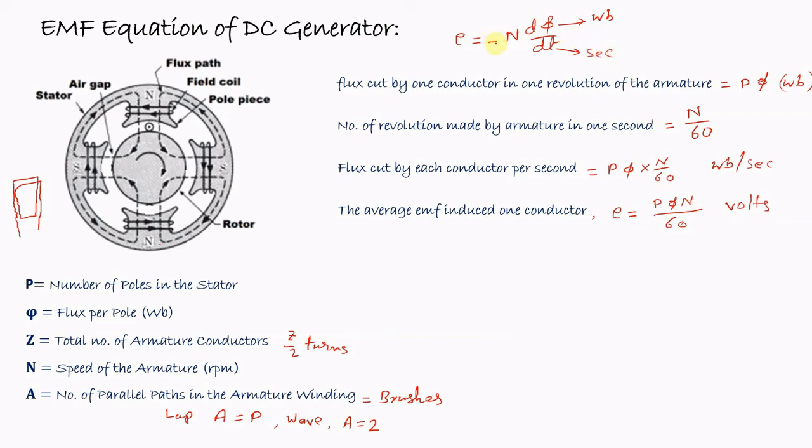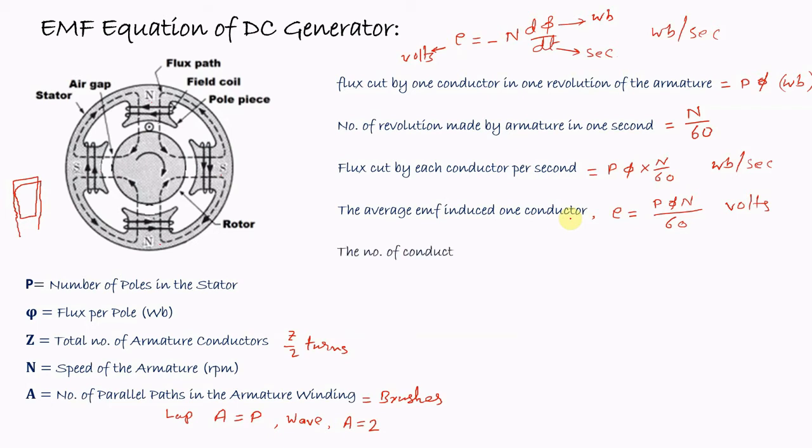So this parameter is basically Weber per second, whereas it creates the EMF and its unit is volts. So this is the amount of EMF induced in one conductor when the armature is rotating with the speed of N rpm.